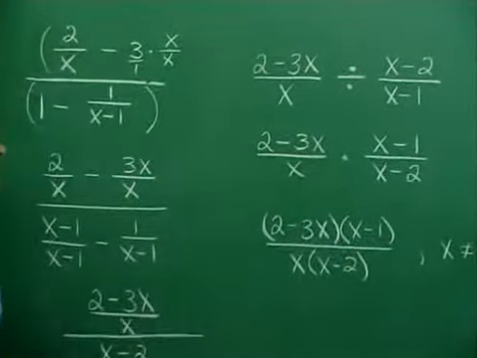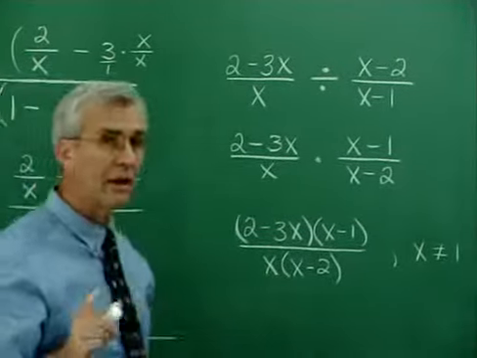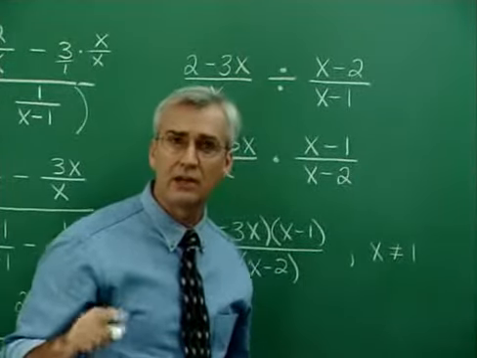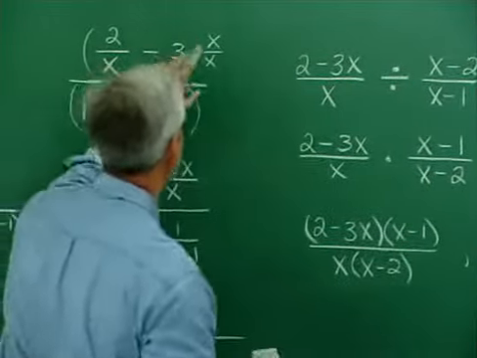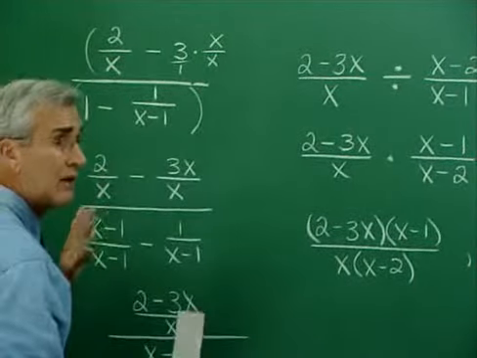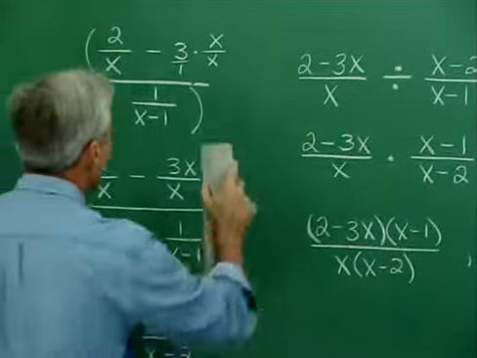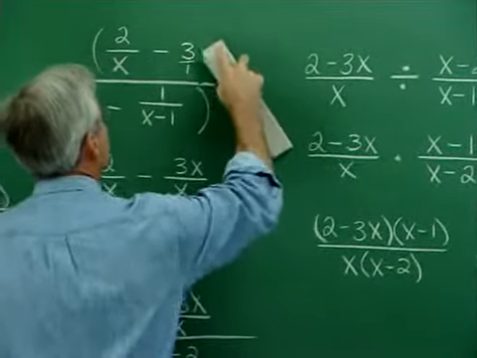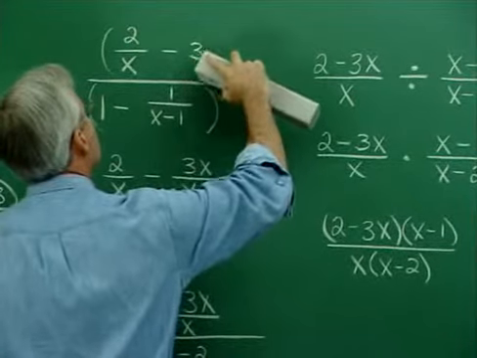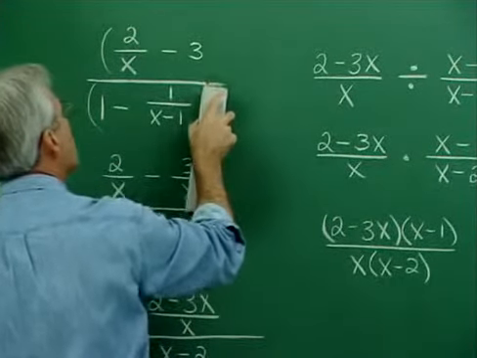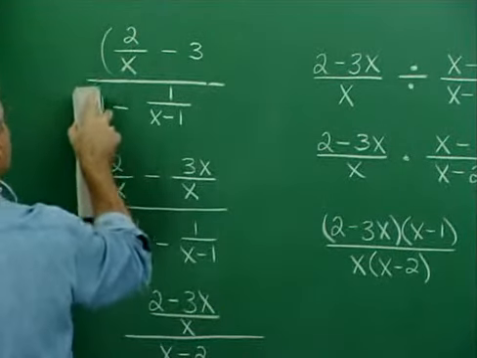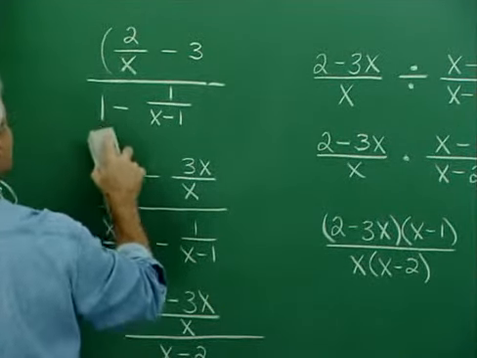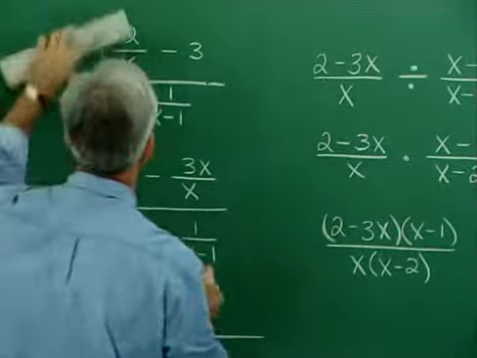Okay, that's the idea. Now, let's look at the other technique. This technique has quite a bit of manipulation involved in it. And sometimes when the fractions get complicated, it can be really messy. The other strategy is to identify sort of an overall common denominator involving all of the fractions that we see within the complex fraction.